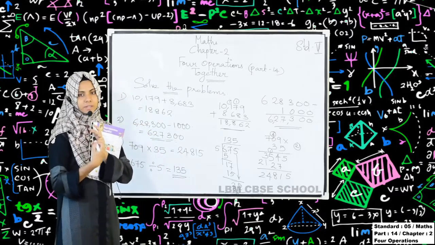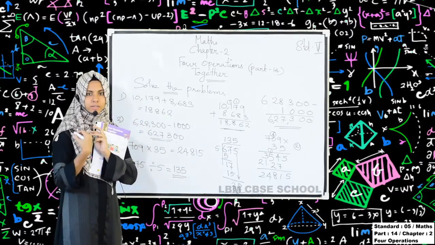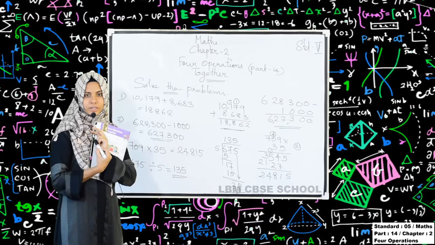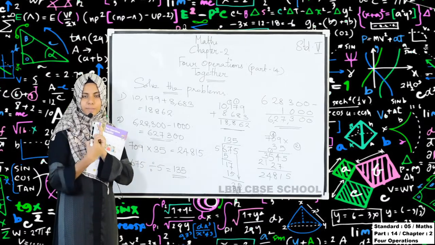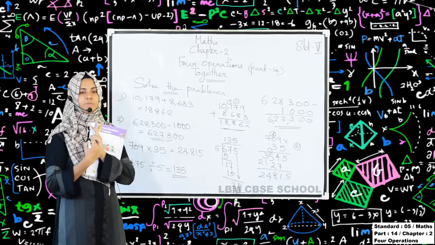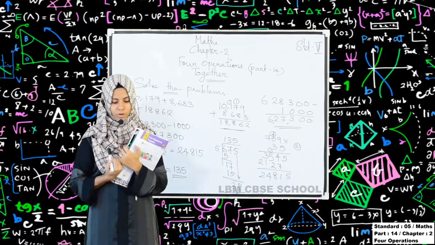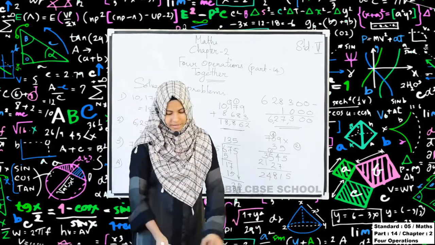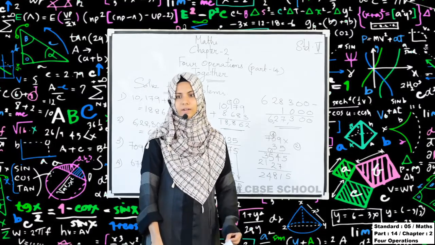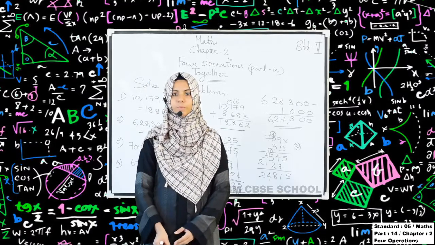The answer we got from addition is called sum, from subtraction it is difference, from multiplication it is product, and from division it is called quotient. So the other topic we will study in the next class. Today's class is over. Assalamu Alaikum.